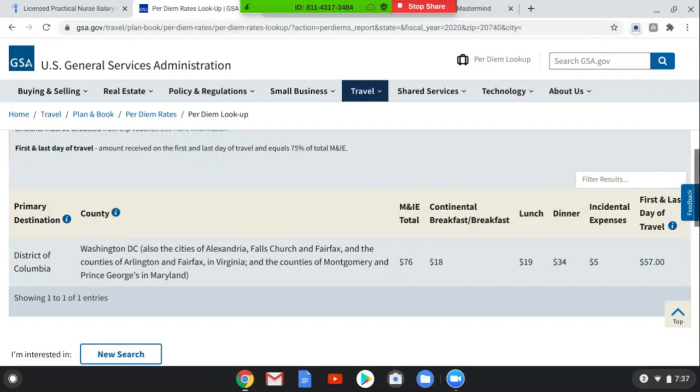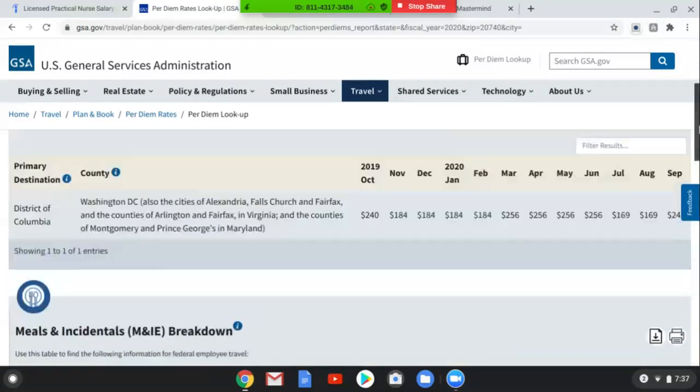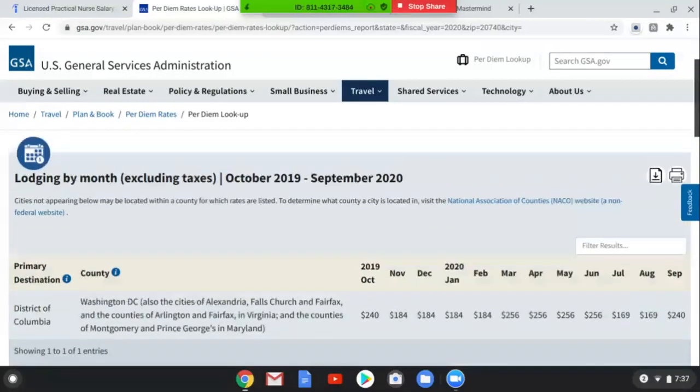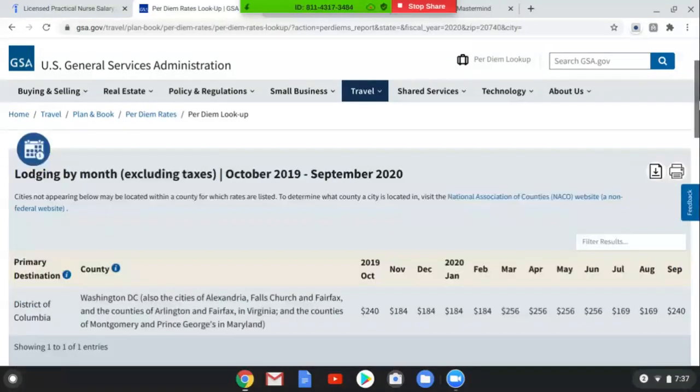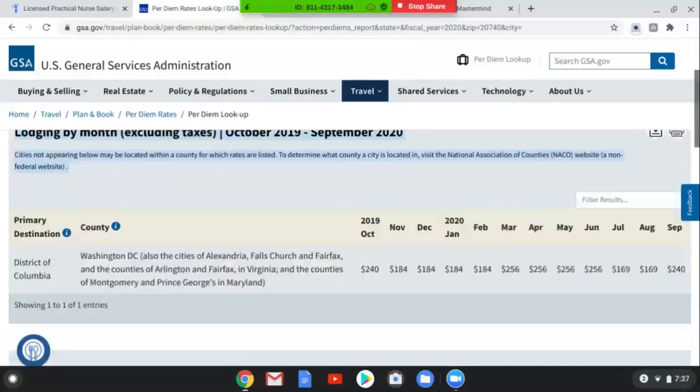And then you get paid up the rates from. So this is from, okay, this is up until this year.